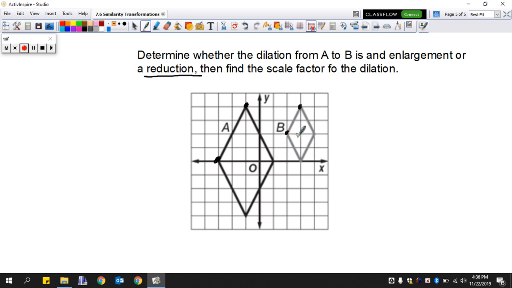But all parts of the shapes are going to be proportional, so we can just ask, what's the ratio from here across the middle of it? Remember, B to A. So 1, 2, 3, 4 is A, and B is 2, which reduces down to a scale factor of 1/2.